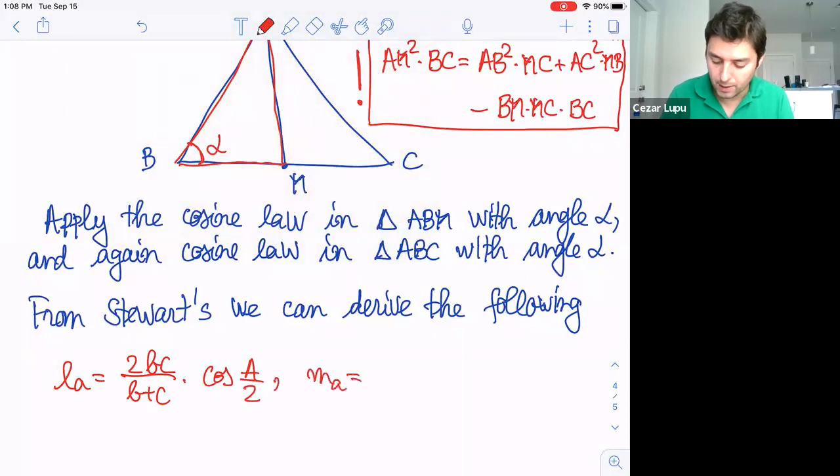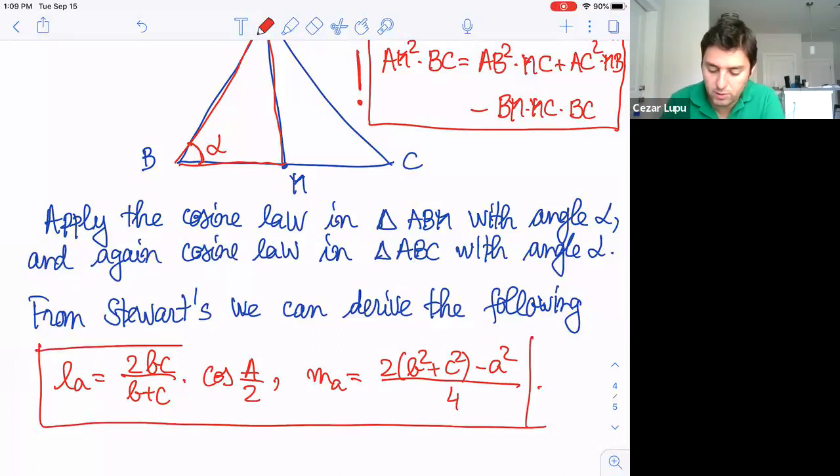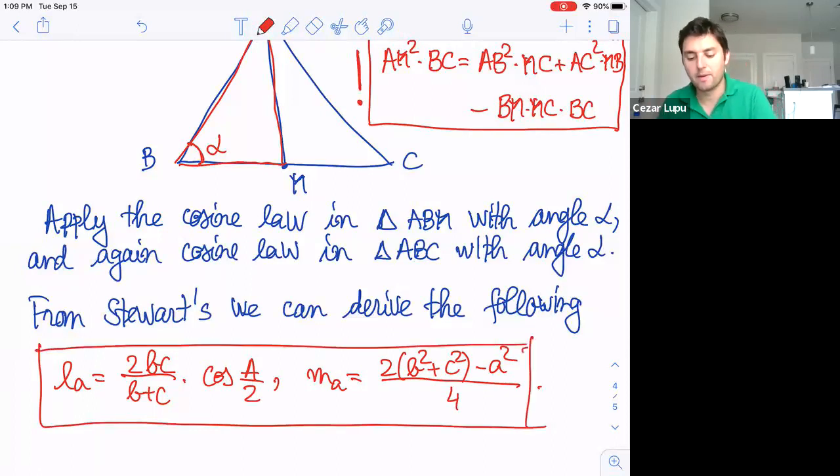And the length of the median will be the square root of 2 times B squared plus C squared minus A squared, everything over 4. I hope these are correct. Anyway, you can just use Stewart's theorem.